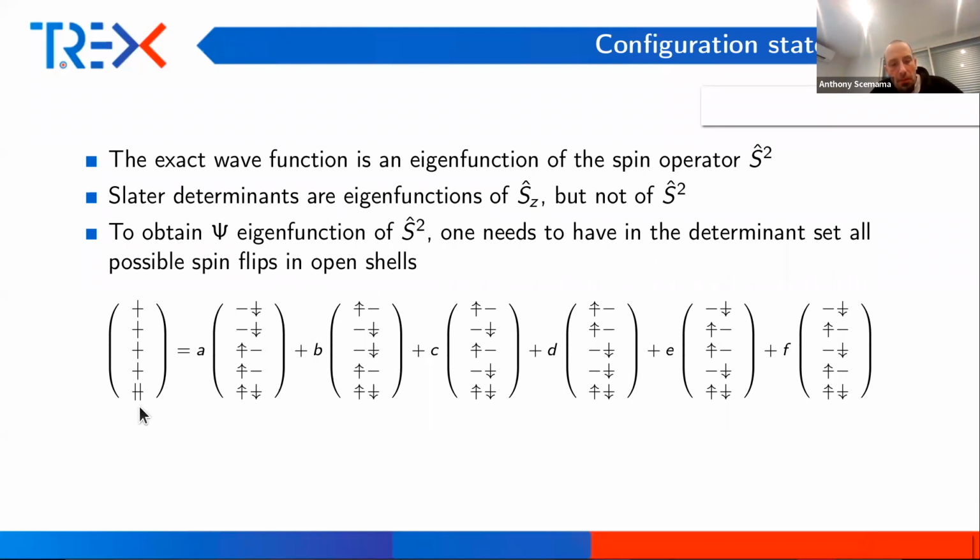So here I took an example where you have 2, 1, 1, 1, 1 electrons.